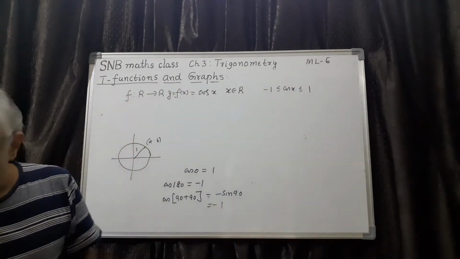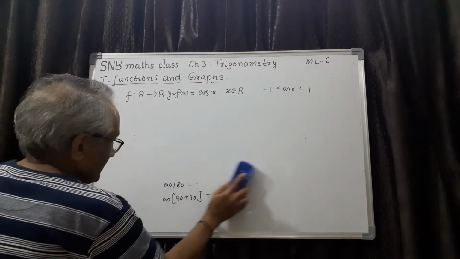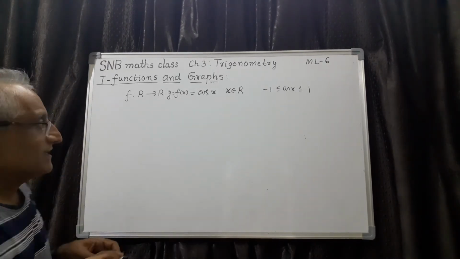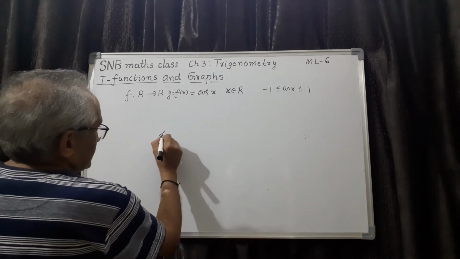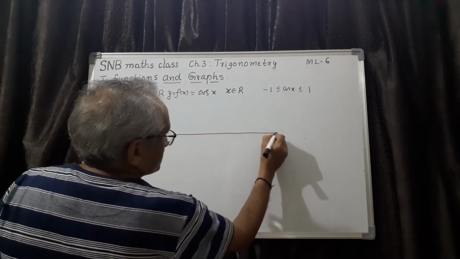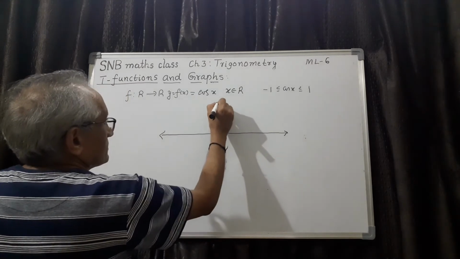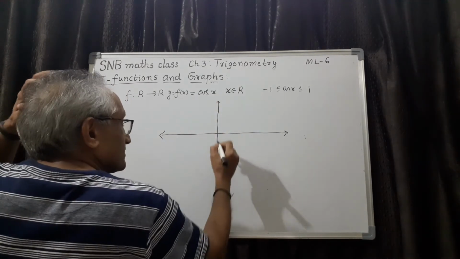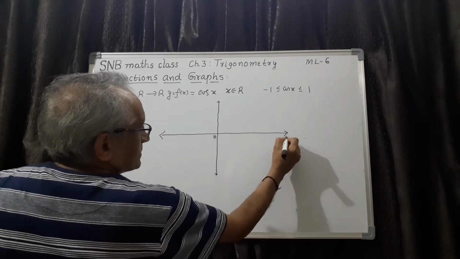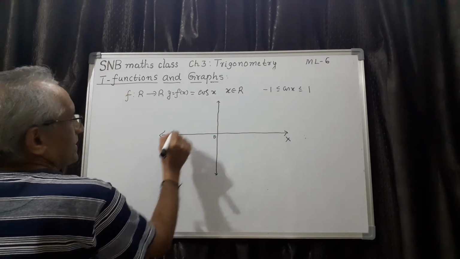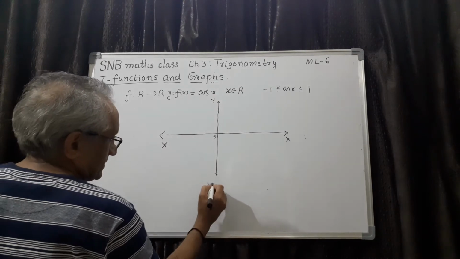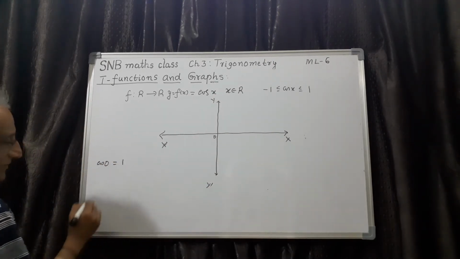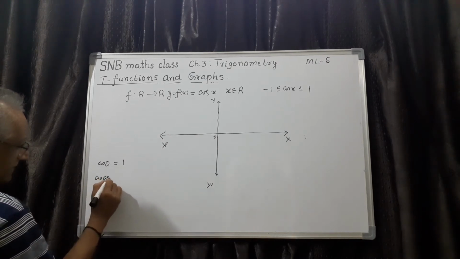What is the nature of the graph then? I need not once again show you the table of values. We can draw the graph directly like this. See, this is the cos graph. This is the nature we have to understand. This is 0, this is x, this is x dash, y, y dash. Cos 0 is 1, and cos 180, that is pi, is -1.